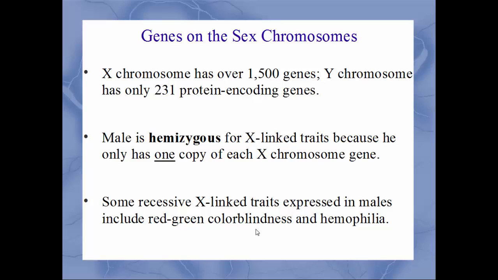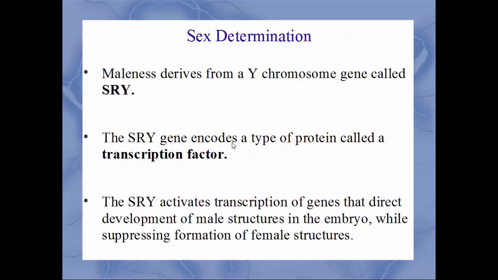These are sex-linked traits that are recessive, and these are always passed on from the mother to their male offspring. And this is much more common in males, both of these. It is possible for females to get them, but much, much more common in males, and they will get this from their mothers.